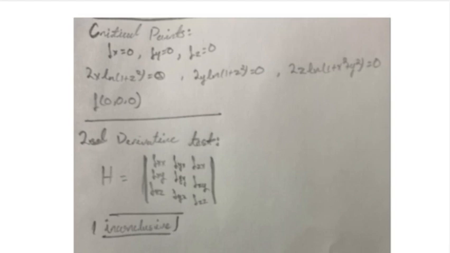I set each numerator for the first order partial derivatives equal to 0, and found that f of 0, 0, 0 is the only critical point on the function. And with the second derivative test, when we find every single one of those second order partial derivatives, we find that at the critical point each of them are equal to 0, making the test inconclusive.